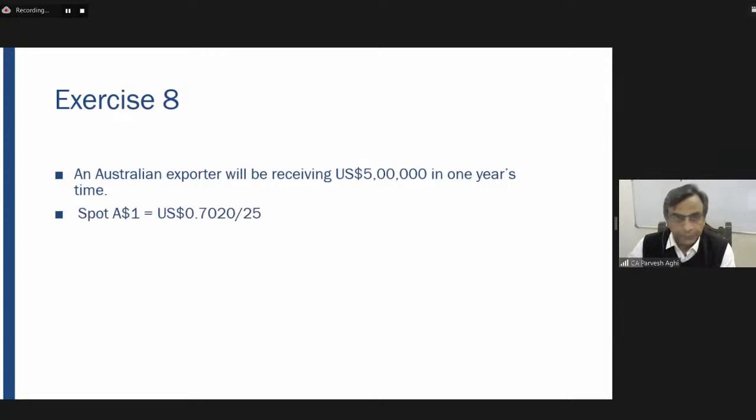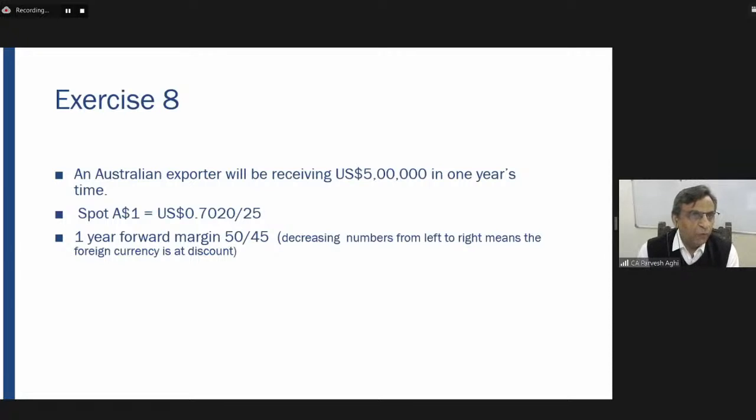The spot rate is given: A$1 is equal to $0.7020/25. So the bid and ask rates are given to you, and the quote is in terms of dollars, how many dollars A$1 will fetch.